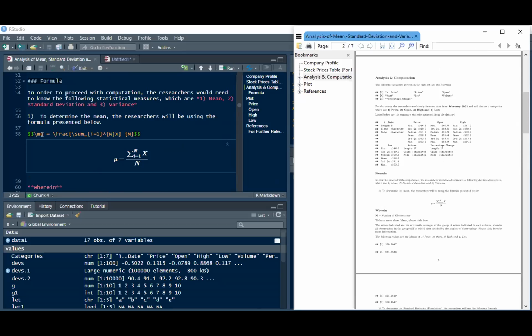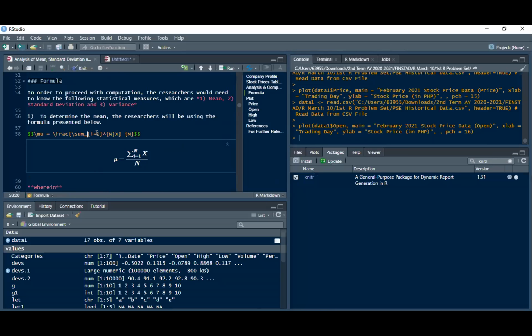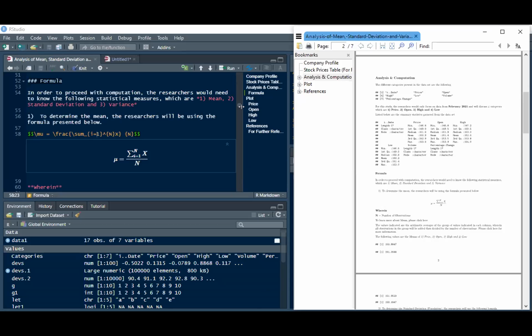What is the formula of the mean? The Greek letter mu equals the fraction, summation i equals 1 to n, x over n, which means you add all the variables, then divide by how many variables are present in that data.